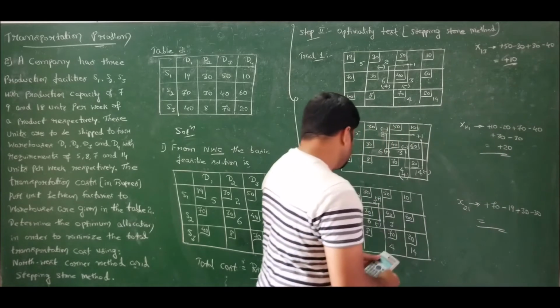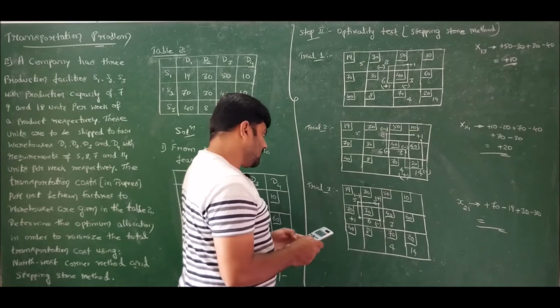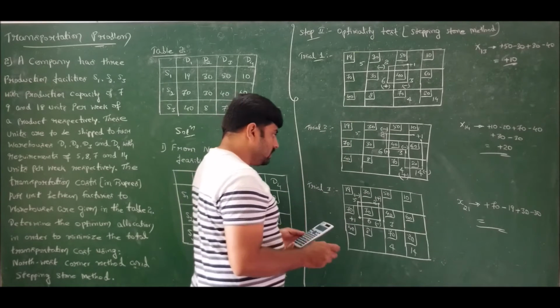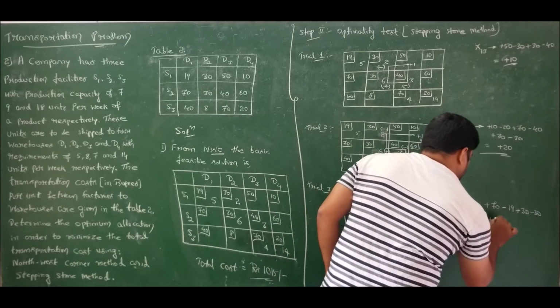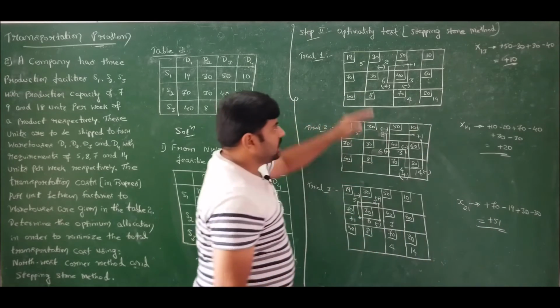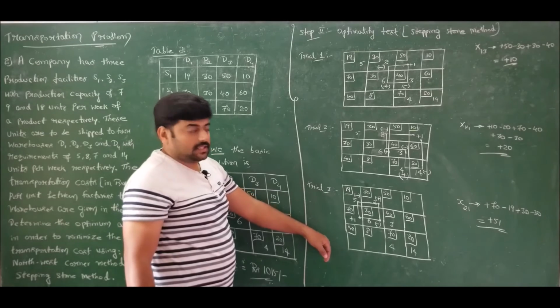So it is giving an increase in cost of 70 minus 19, which is plus 51, which is not at all desirable. So all the three are giving an increase in cost.